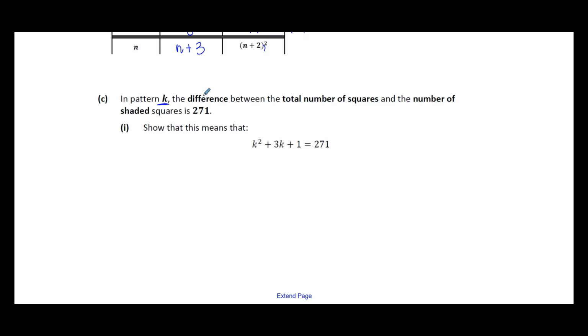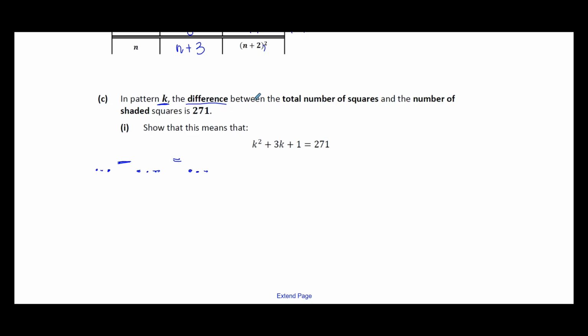We need to change English words into maths words. When we say a difference, how do we write it in maths? There will be some value, minus another value, and that will equal another number, the outcome.